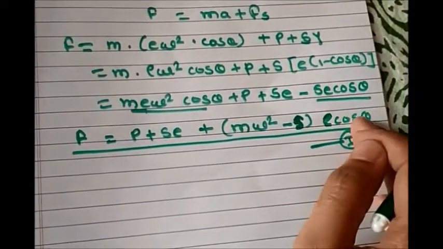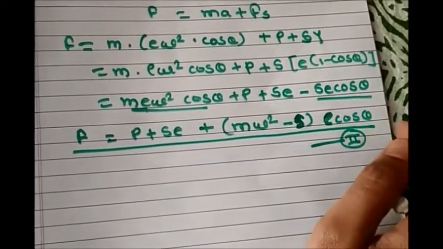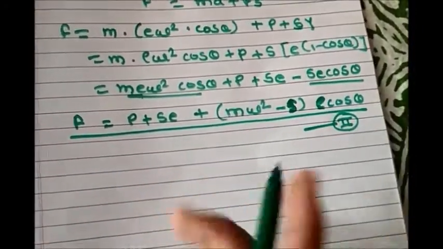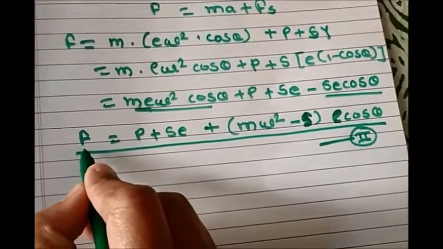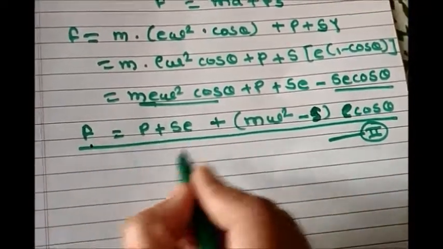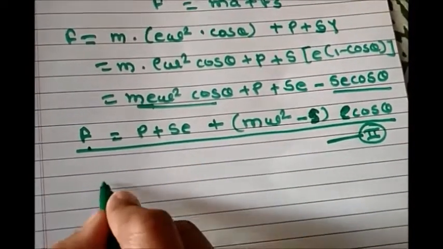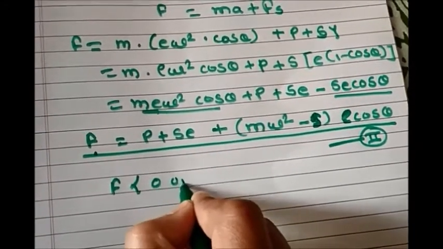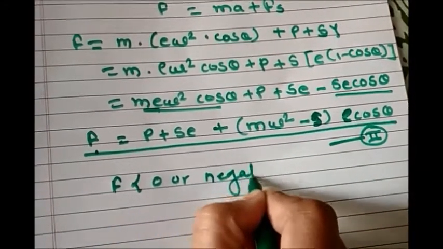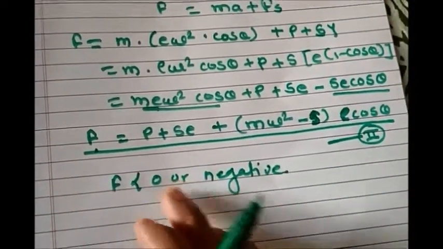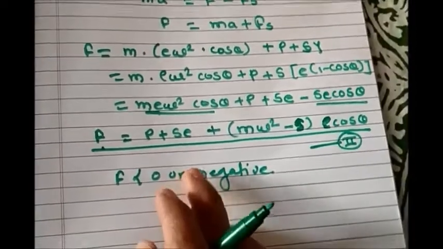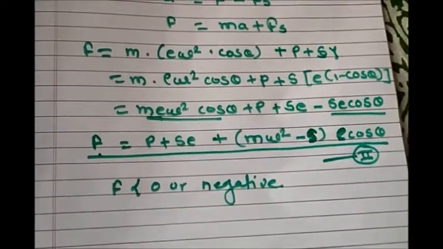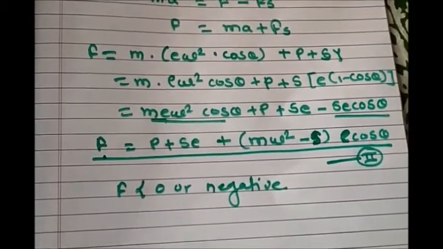When cos 0 is equal to 1, the contact force increases. Now we can say that when this contact force F is less than 0 or negative, then the cam jump will occur. And this condition happens when speed increases beyond a particular speed limit.